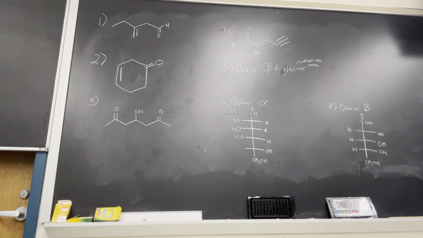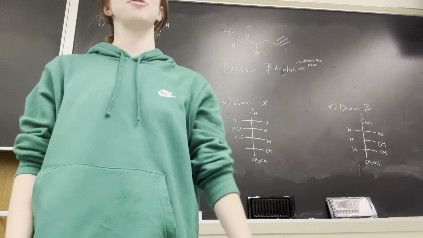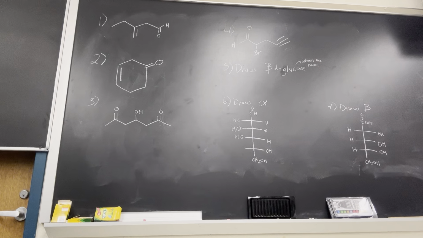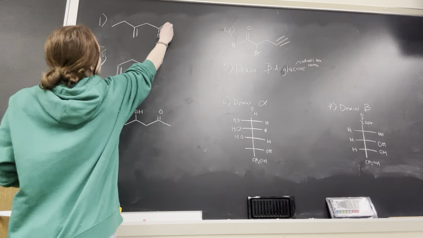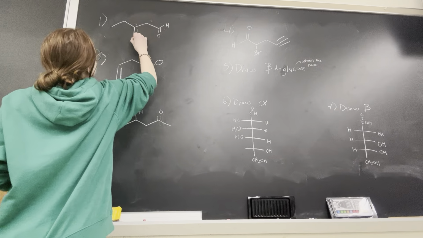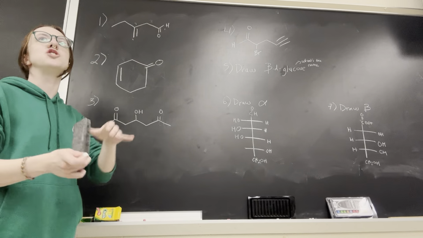For number one, you would go with the double bond, right? Yep, that's why I did it, because I'm a trickster. Right, so instead of going to the longest chain, you have to get the substituents that matter.